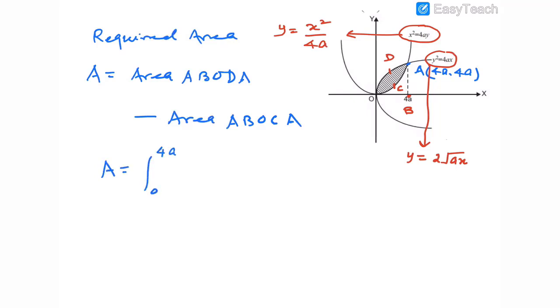So we have A is equal to the integration from 0 to 4a of 2 root a root x dx minus the integration from 0 to 4a of x square upon 4a dx.